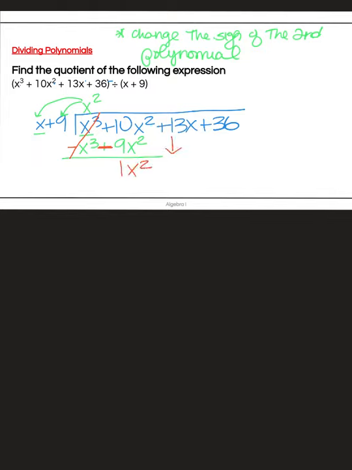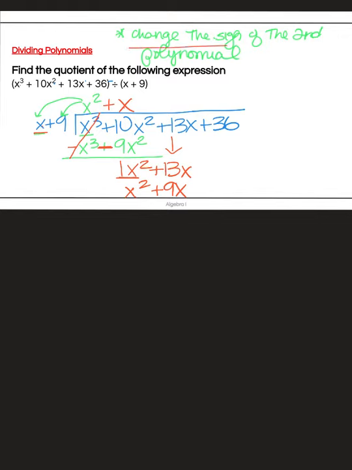Then I bring down positive 13x. Now, x times what is going to get me 1x squared? A positive x. So x times x is x squared, and x times 9 is a positive 9x.